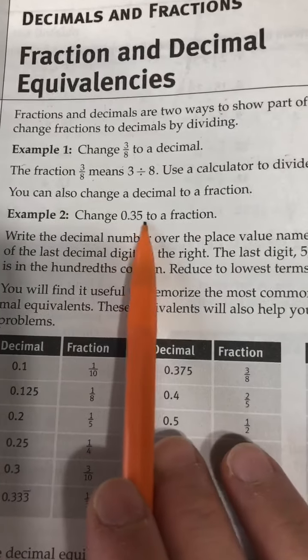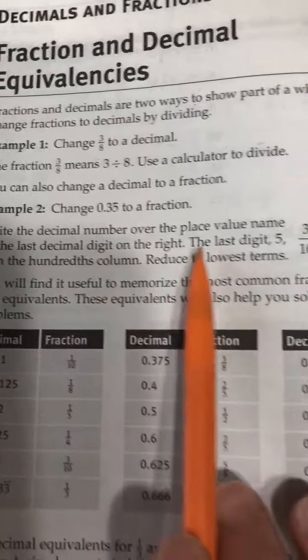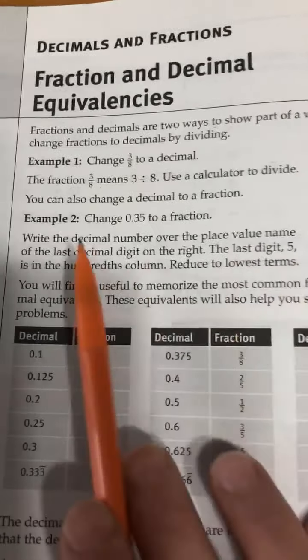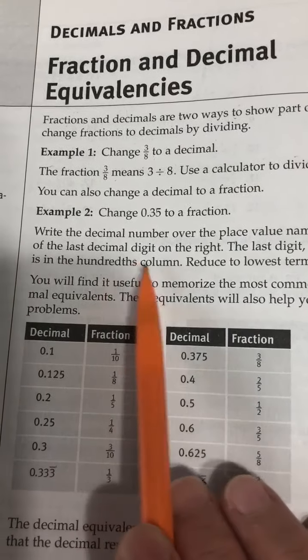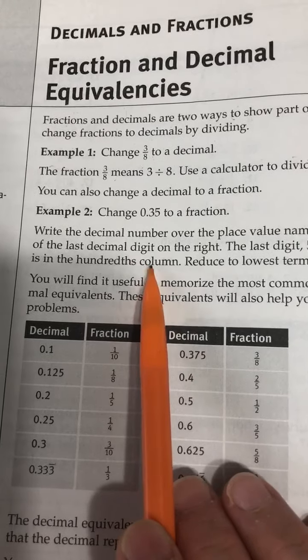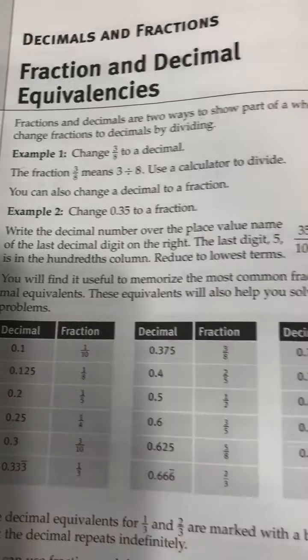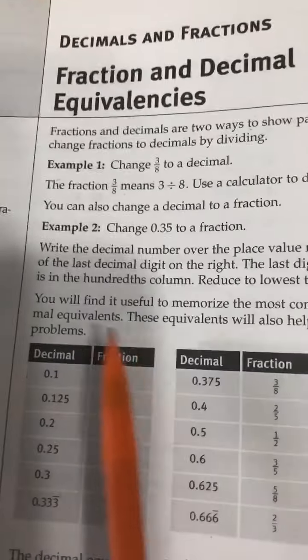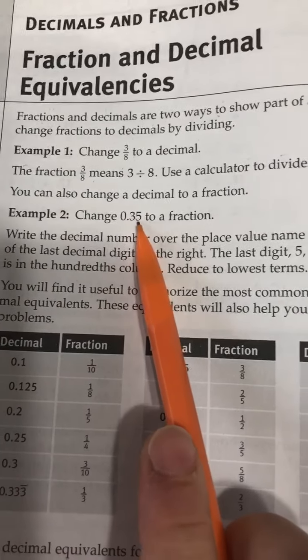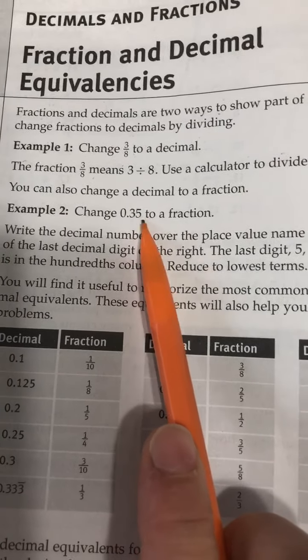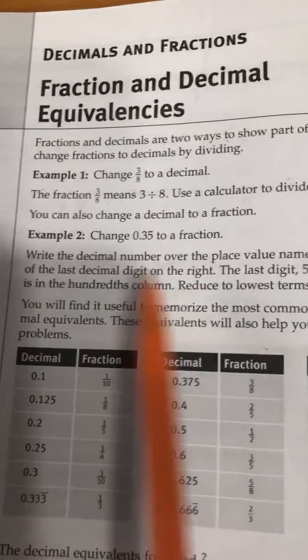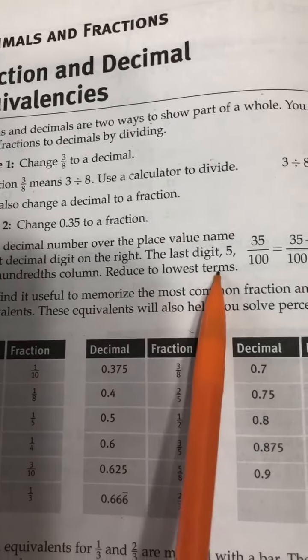Remember, the last digit to the right is a 5 here. The last digit, 5, is in the hundredths column, if we remember our place values when we talked about place values of decimals. So we had tenths, hundredths. Remember, we added the THS at the end. So now it says reduce to lowest terms.